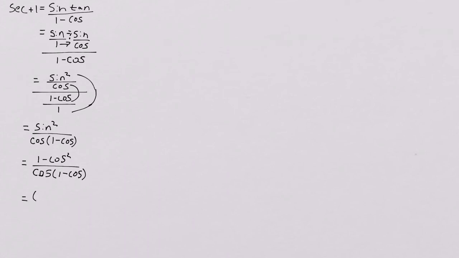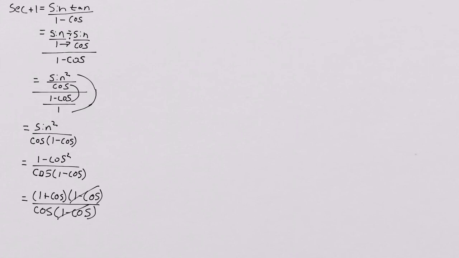So I can actually rewrite this as 1 plus cosine times 1 minus cosine divided by cosine times 1 minus cosine. Well, your 1 minus cosines go away. It makes our life a whole lot easier.